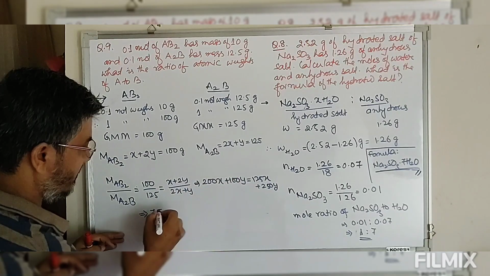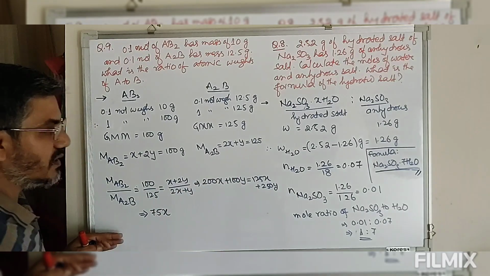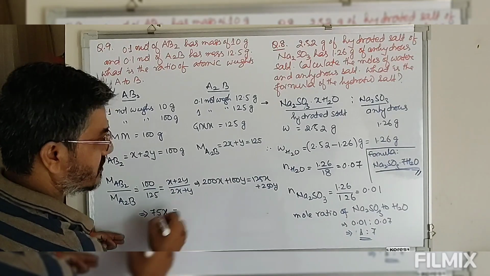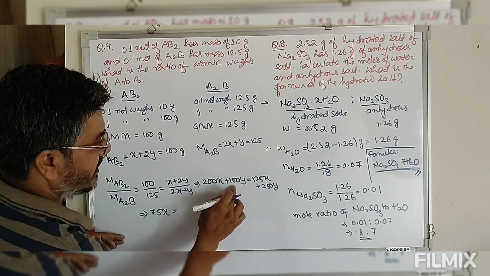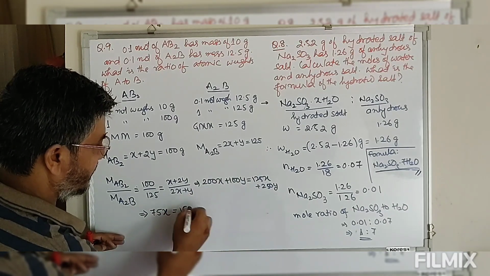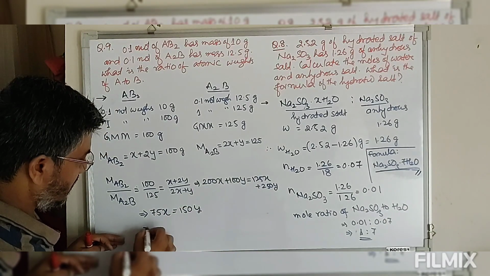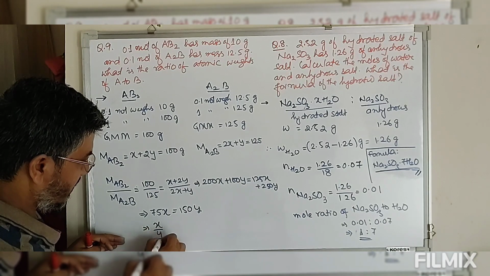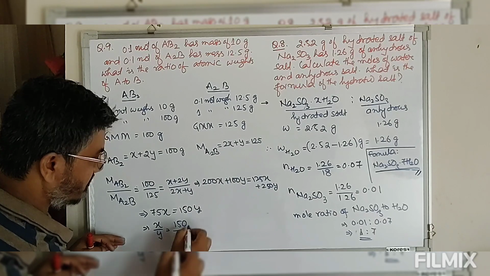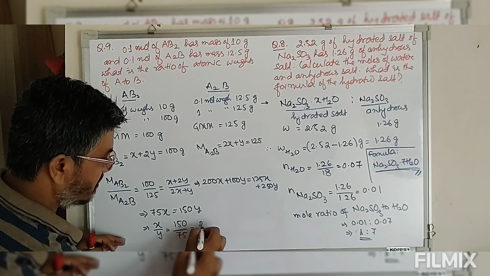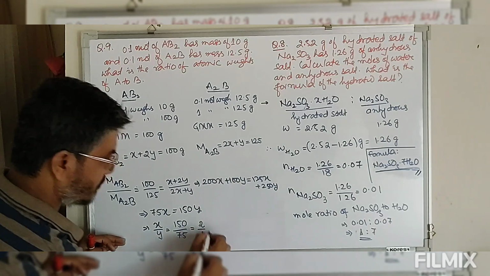So 200 minus 125 is 75x, which is equal to 250 minus 100, that is 150y. So therefore x by y is equal to 150 divided by 75. So this comes out to be a 2:1 ratio.